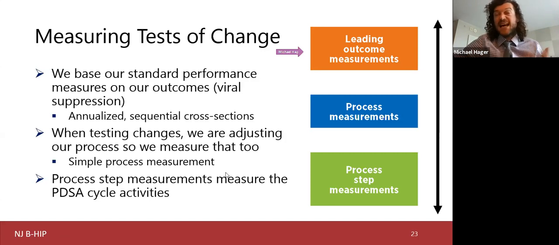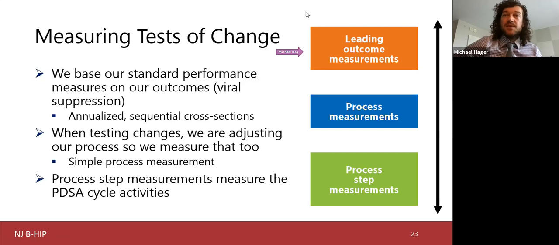So when we test the change idea to see what's going on with that outcome, we're looking at processes, right? We're adjusting these processes so that we can build up to that outcome. And our process measures, we'll show you in just a minute.